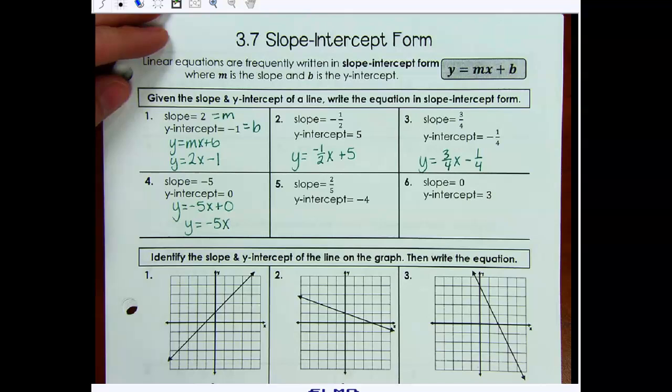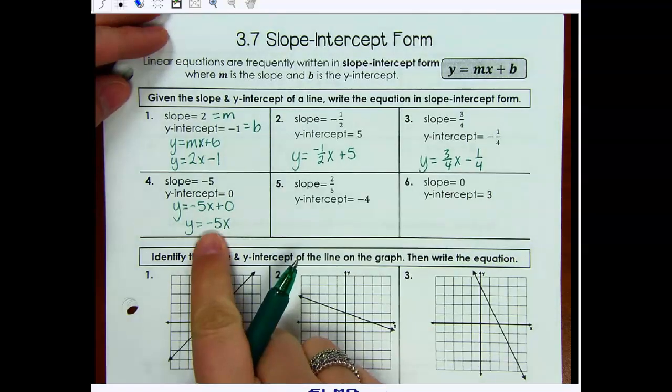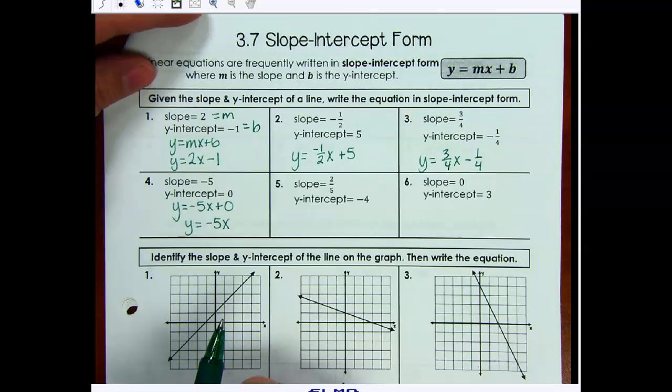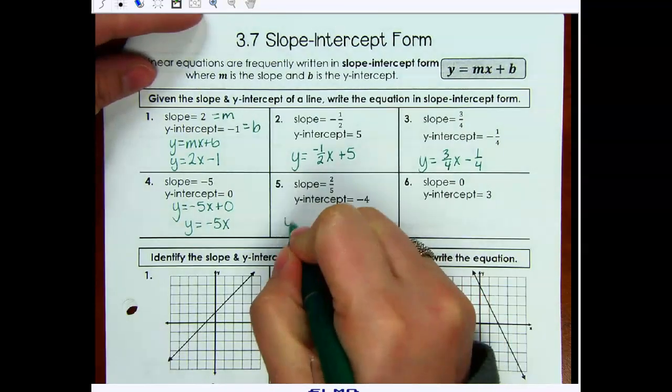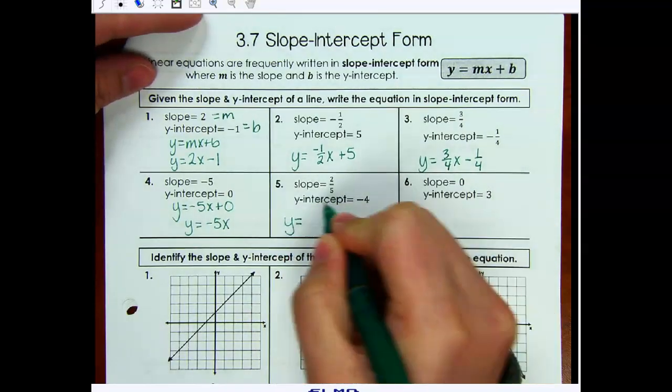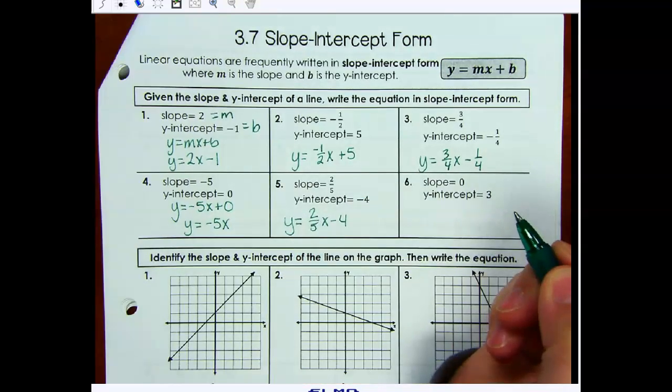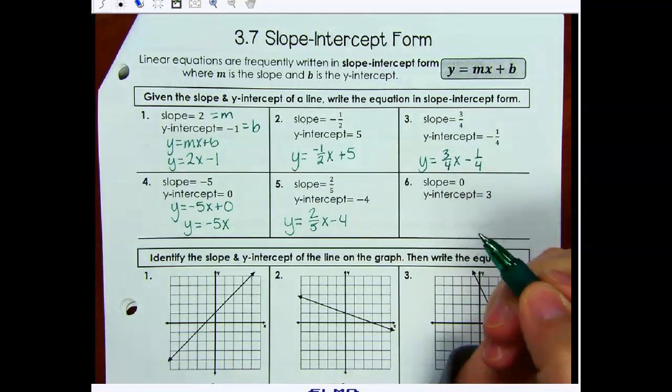If you need it in order to graph, like to remember that you need to start at 0, then that's fine, but just understand that in a multiple choice situation, this would be the answer, not the plus 0. And then this one is a lot like the one above it. You're just going to have 2/5 x and then minus 4 instead of plus because it's negative.